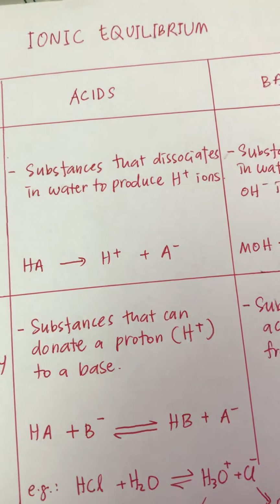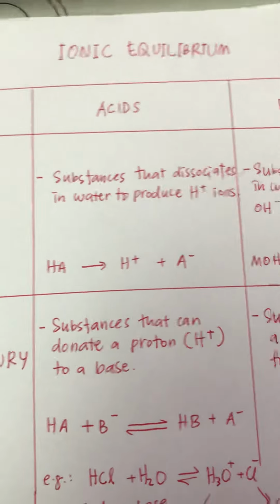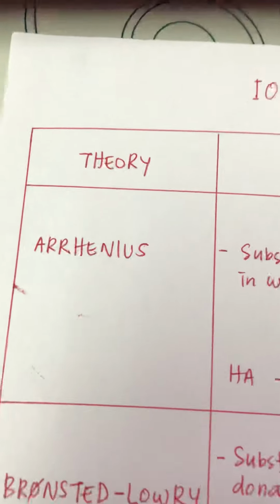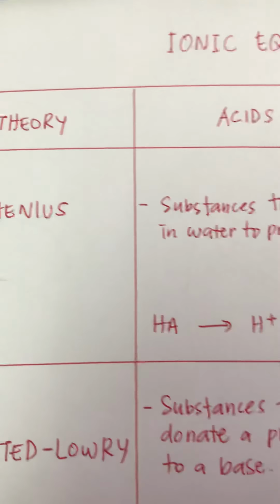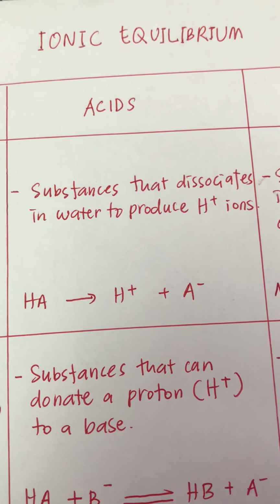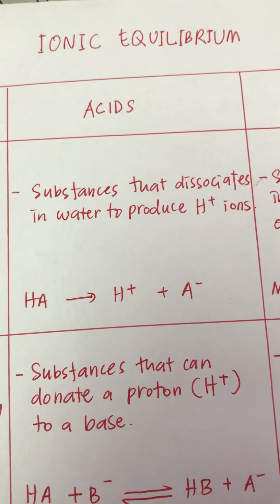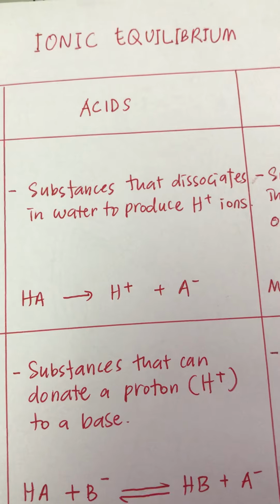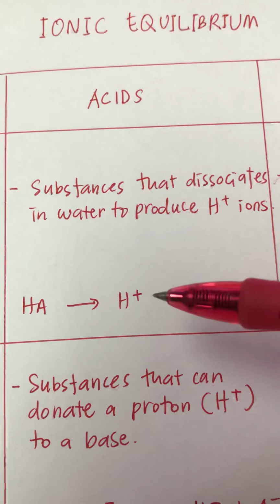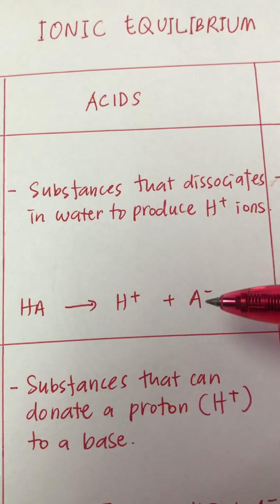However, before we proceed further, we have to know first the definitions of acids and bases according to different theories. For the first one, the Arrhenius theory, acids are defined as the substances that dissociate in water to produce proton ions or H+, where HA dissociates into H+ and A-.